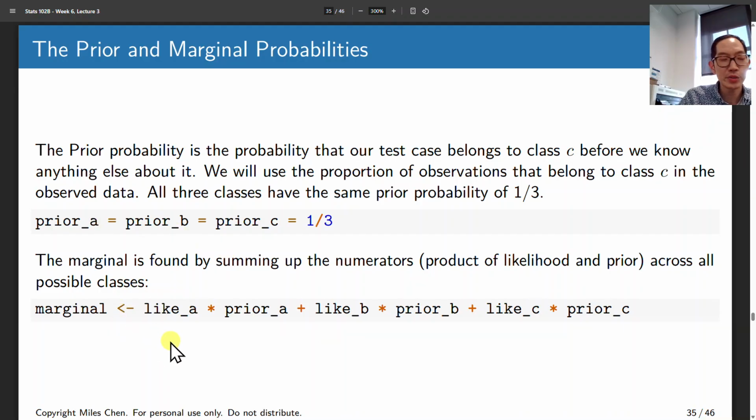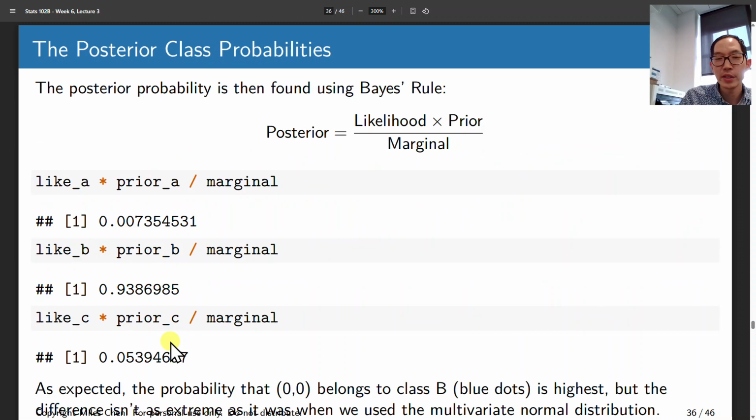We have our priors, we get our marginal, and then we calculate our posterior probabilities, and it's close. It's not perfect. So we would still classify it as class B, okay, with around a 94%.